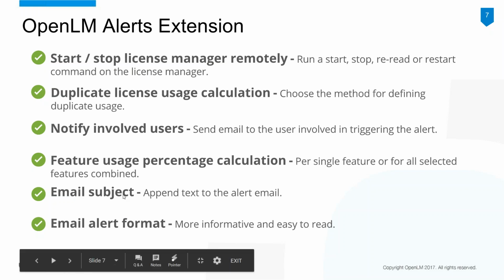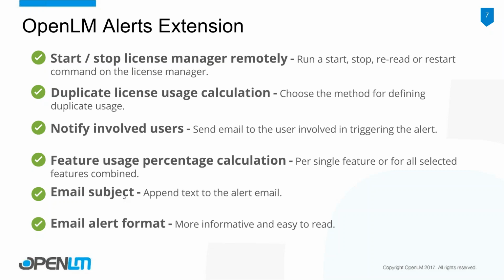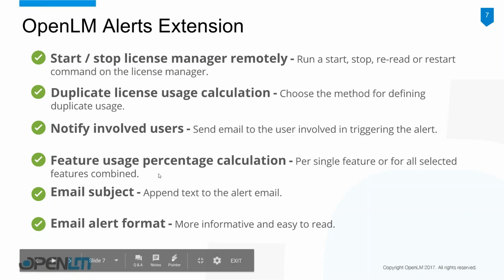The feature usage percentage alert now has a way for you to choose what you mean by the usage percentage. If it goes over 90%, for example, but you chose 5 features, is it 90% for the first feature that goes over 90, or all of them together? So now you'll be able to separate these instances.